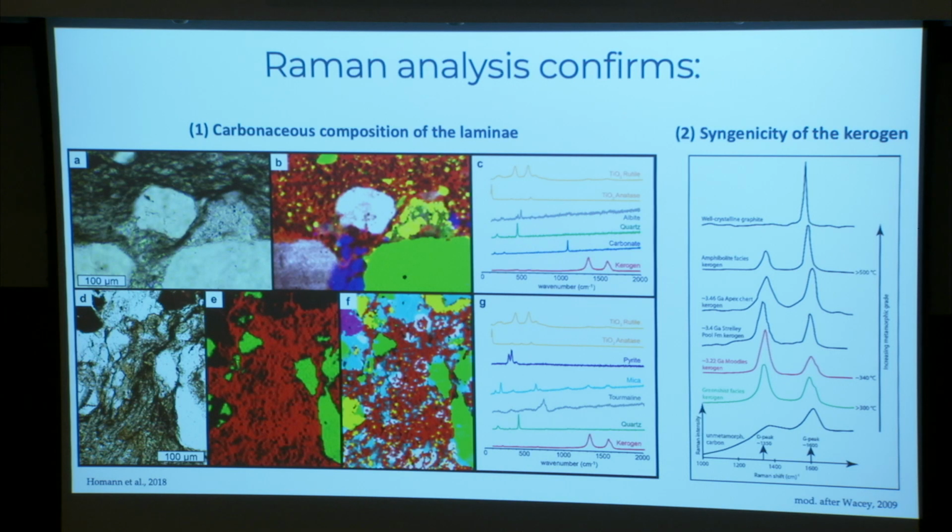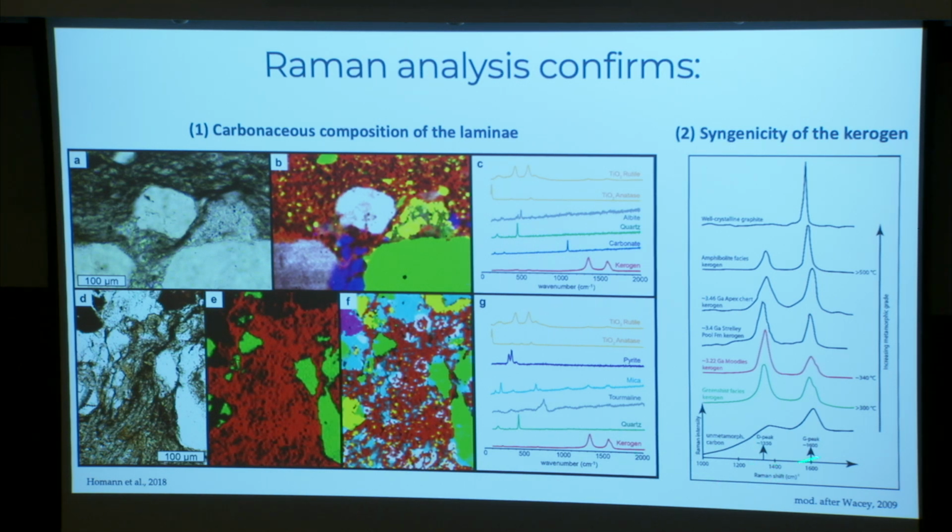So we also performed some Raman spectroscopy of these carbonaceous laminations. These are thin section images with corresponding Raman intensity maps and the corresponding elemental peaks. We see clearly in red the presence of kerogen, some sort of mature carbon, and kerogen or organic carbon changes with increasing metamorphic degree.